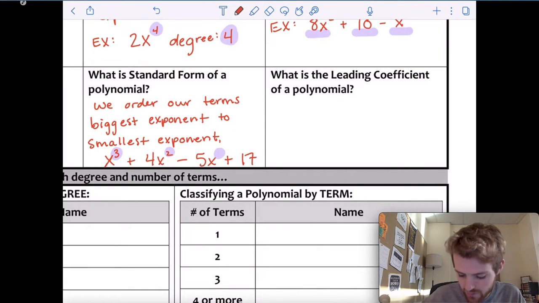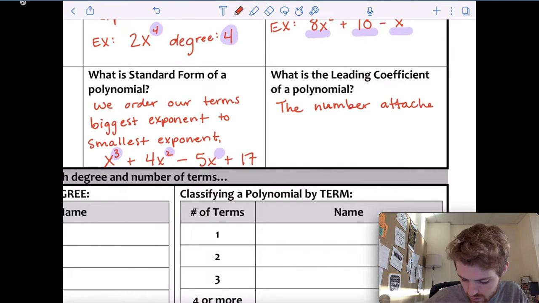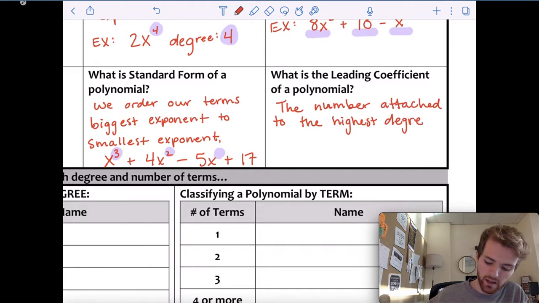The leading coefficient is the number attached to the highest degree variable.